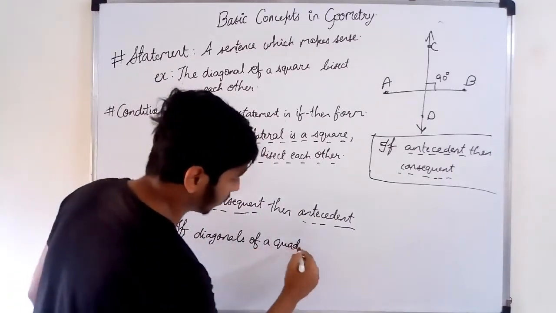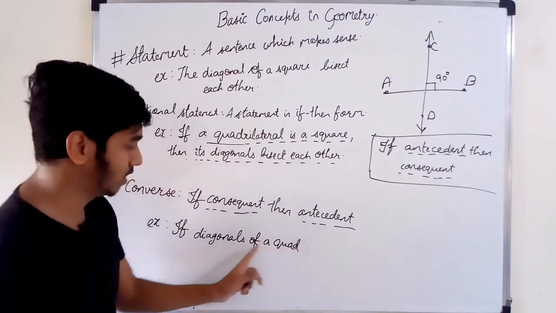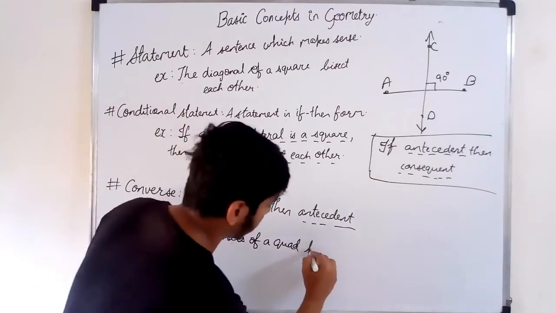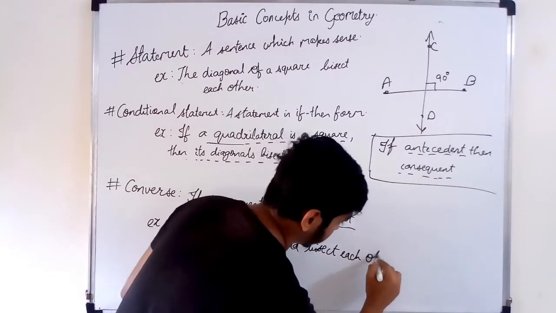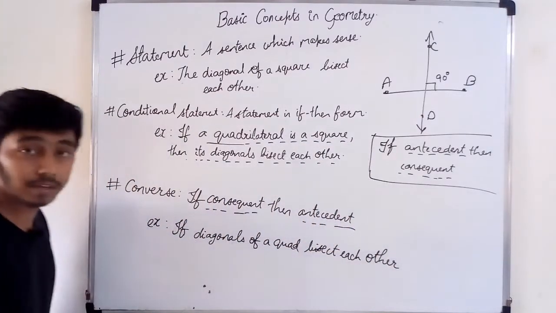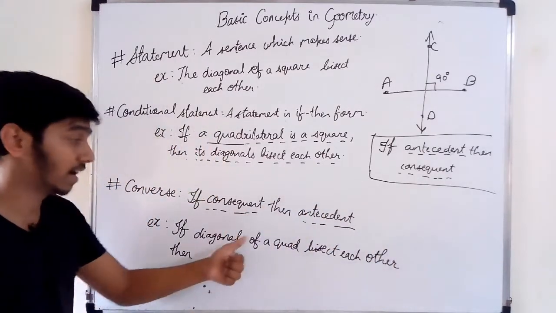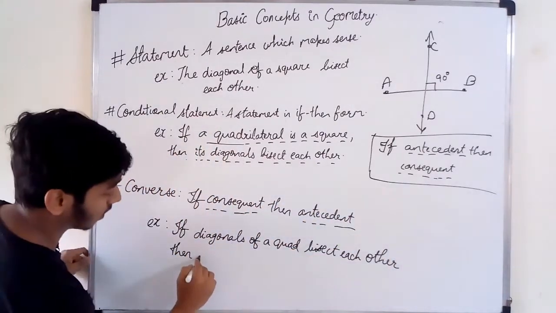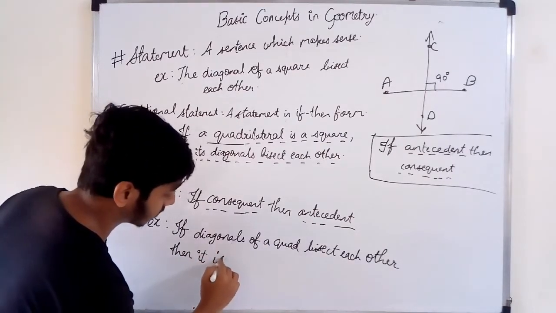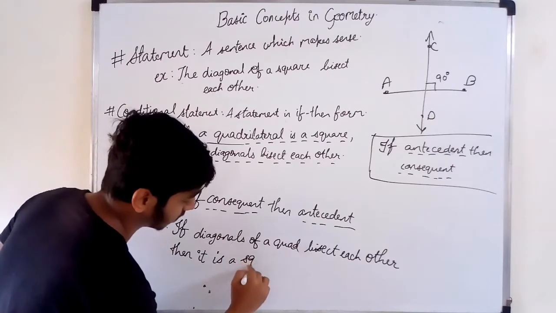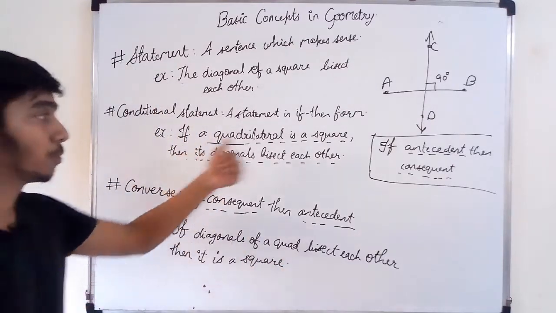I've written this in short only: if diagonals of a quadrilateral bisect each other, okay, then if diagonals of a quadrilateral bisect each other, then that quadrilateral, or then it is a square. Okay, so I hope you understood.